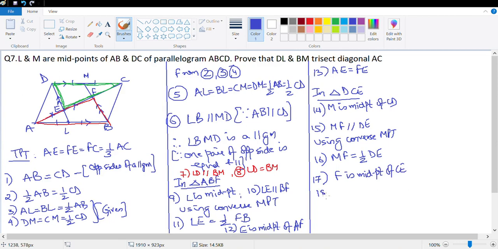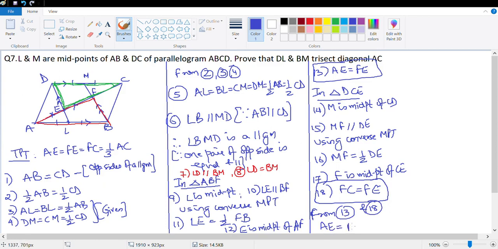What also it means is FC is equal to FE. Perfect. So now I know that AE is equal to FE and I know that FE is equal to FC. So let's combine 13 and 18. I get AE is equal to FE is equal to FC.